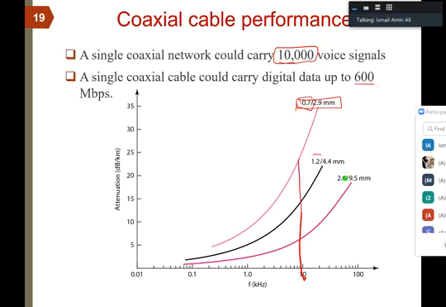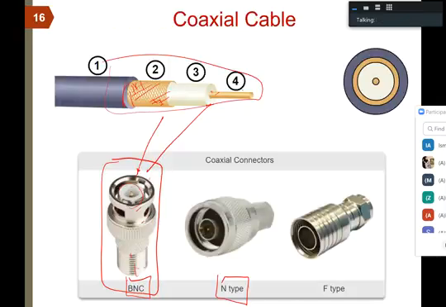If the cable is thick, why do we notice this? Why? It's easy. This is a cable. If this is thick, the attenuation would be low. Why?